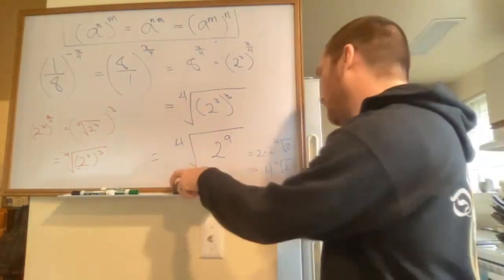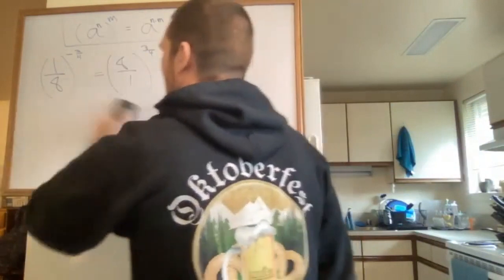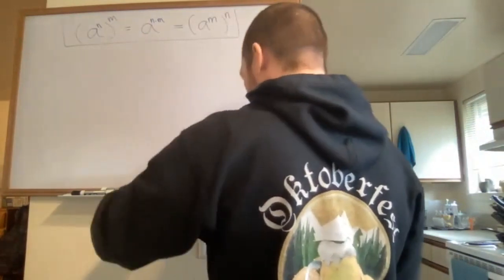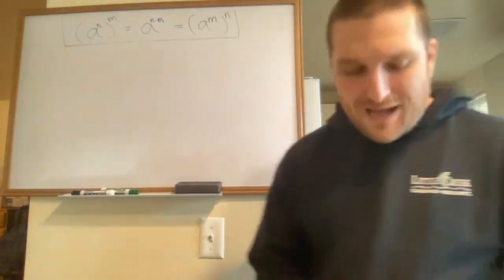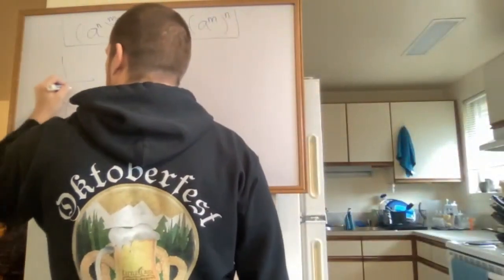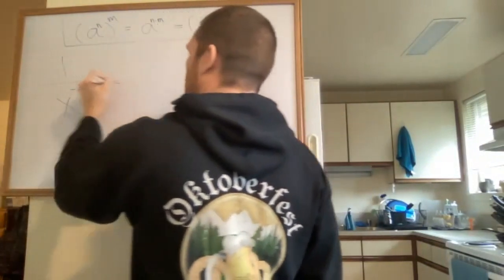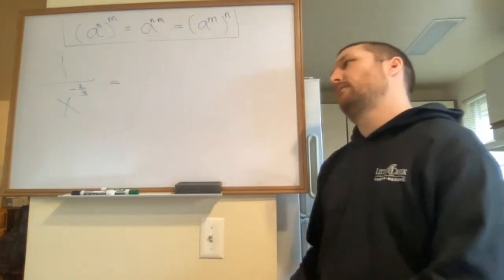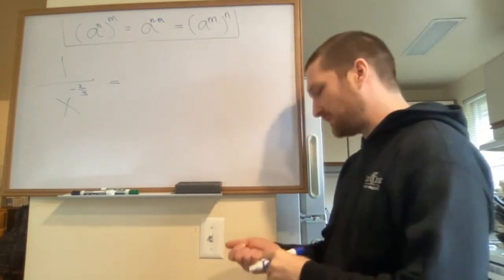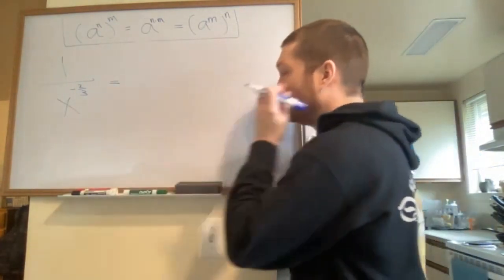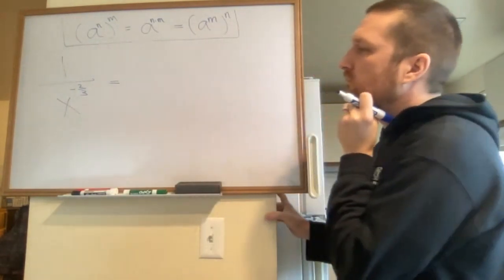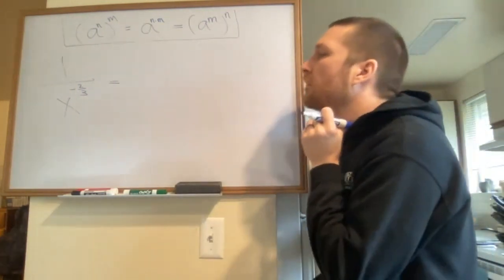Okay. One last one on this whole negative powers thing. It says write with positive exponents, and it gives you something like this. How would you write that with a positive exponent?